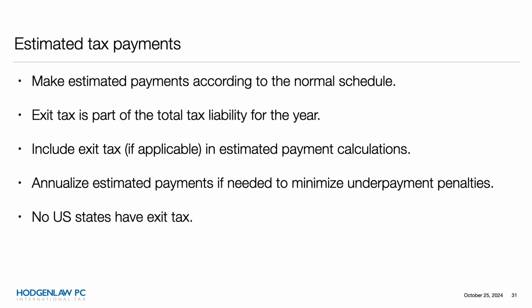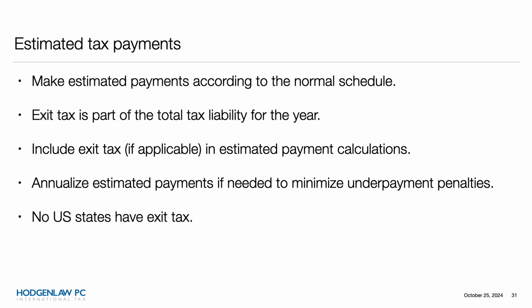Another thing to keep in mind, something that should happen before you're preparing the expatriation tax return, is estimated tax payments. And this is true for any tax year. Anyone who's a U.S. taxpayer needs to be looking at making estimated tax payments to avoid underpayment penalties.